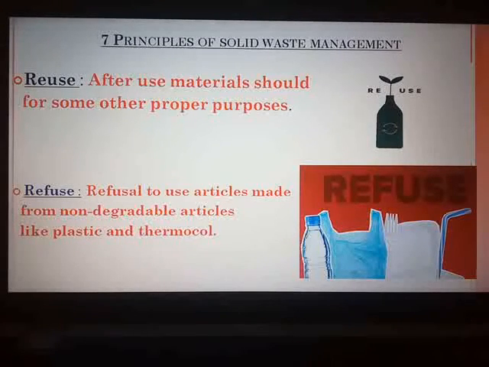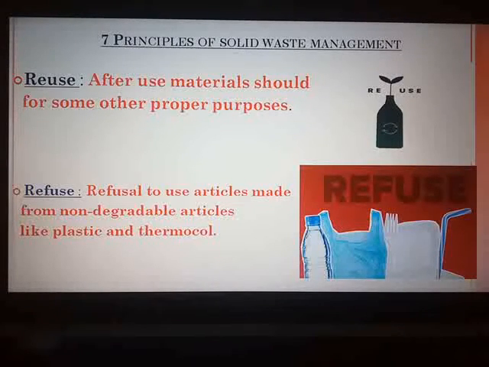Different examples we had seen last time. The word itself tells it. Reuse means after use the materials should be used again and again for some other purposes. A very simple example I had told you: if there are 2 kids in the house, one elder, one younger, the textbooks used by the elder kid, if the portion remains the same, can be reused by the younger kid.